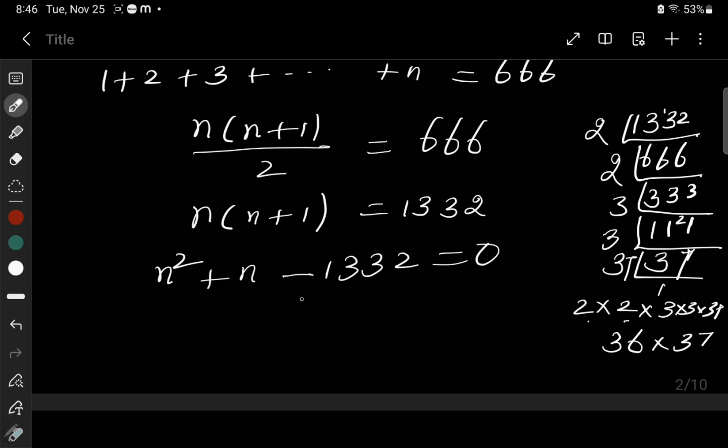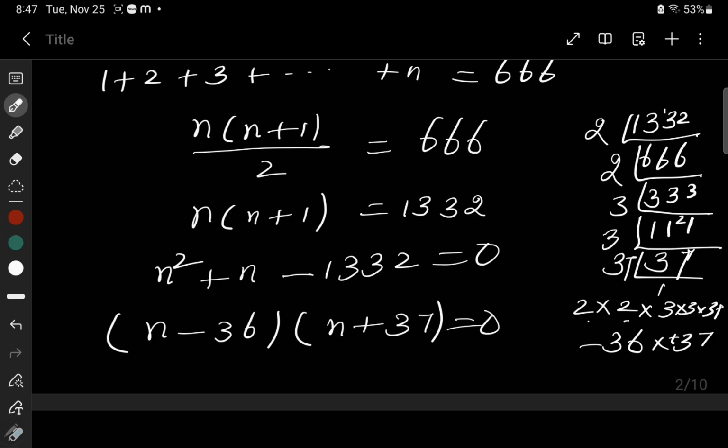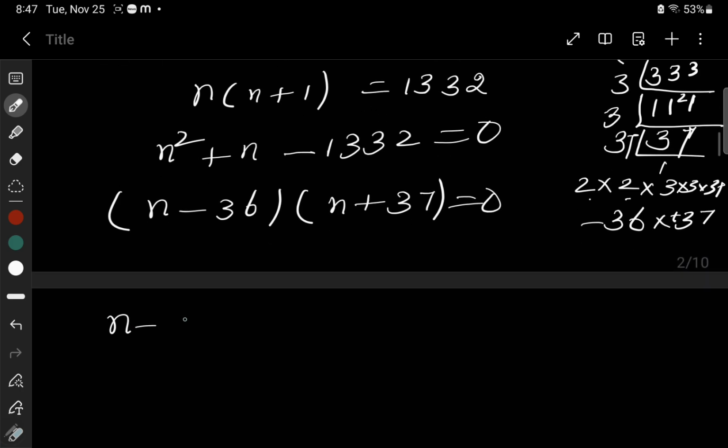So here it is minus, so you have to find the difference. Difference is 1. So this is plus and this is minus. So n minus 36, n plus 37 is equal to 0. So either n minus 36 is equal to 0 or n plus 37 is equal to 0.